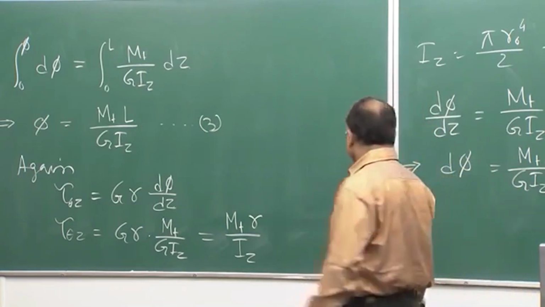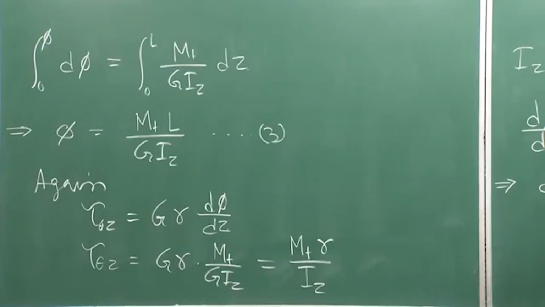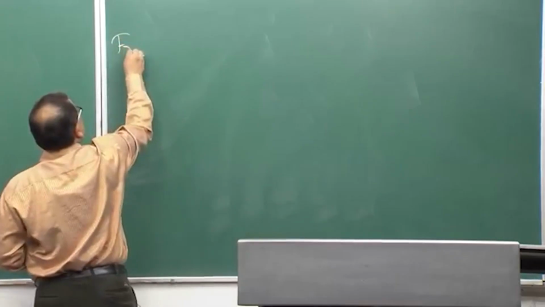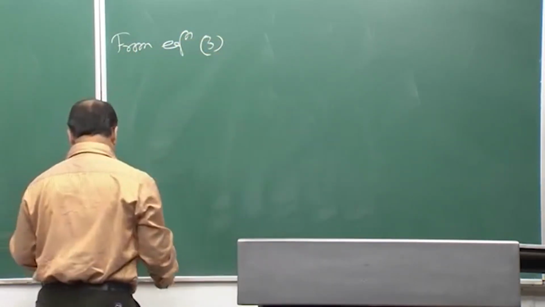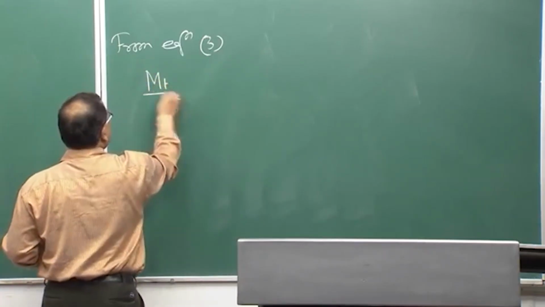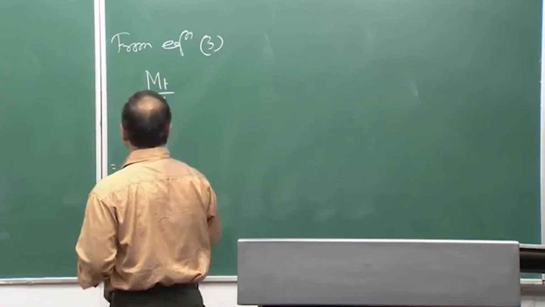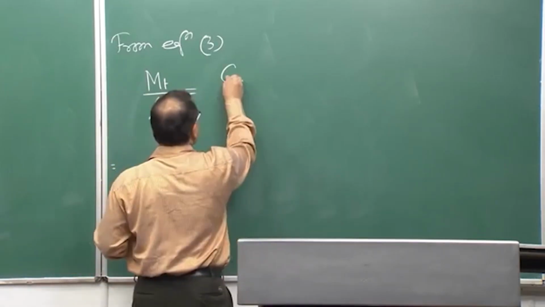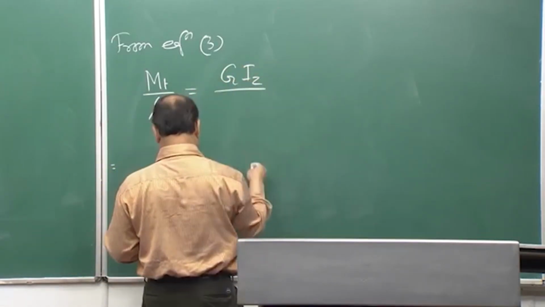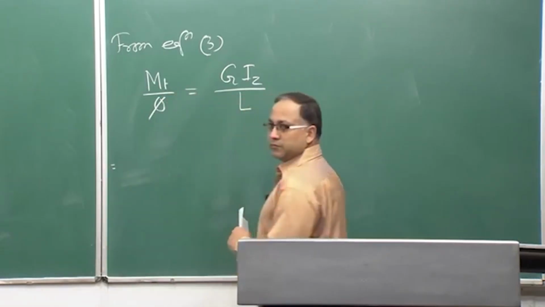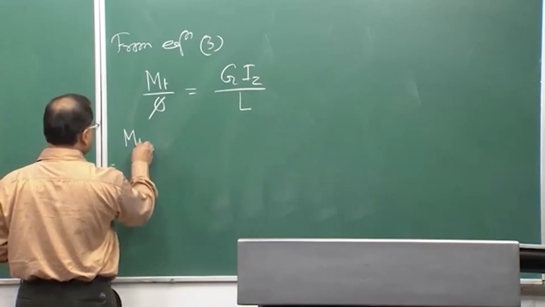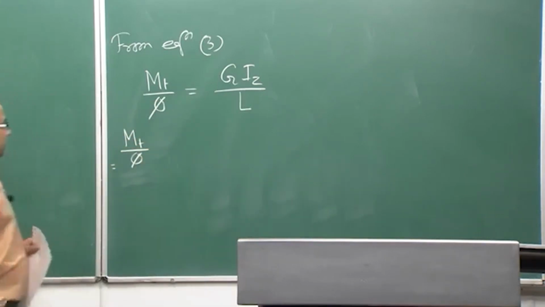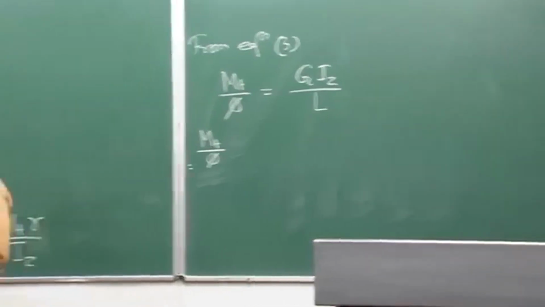Now, from equation 3 we can again write mt by phi is equal to G I z by L. That is also a very important relation, where mt by phi is very similar to your spring constant.